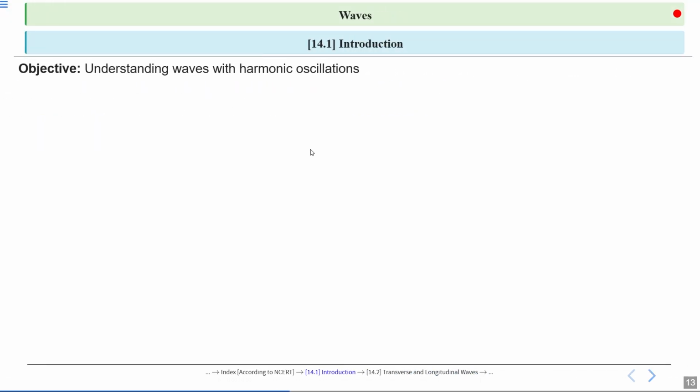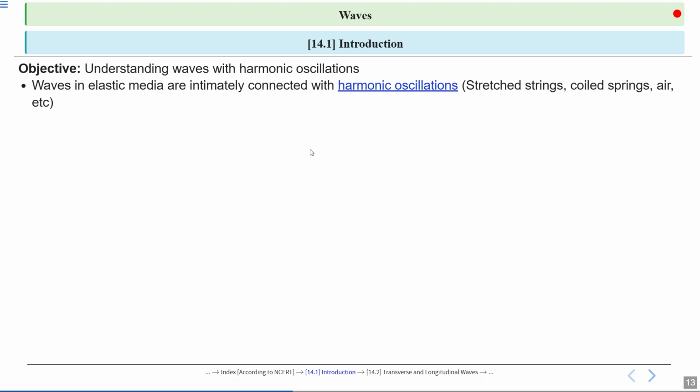Now, let's see waves with harmonic oscillations. Let's start by looking at waves in elastic media. Elastic media are materials that can stretch or compress and then return to their original shape, like stretched strings, coiled springs, or even air.